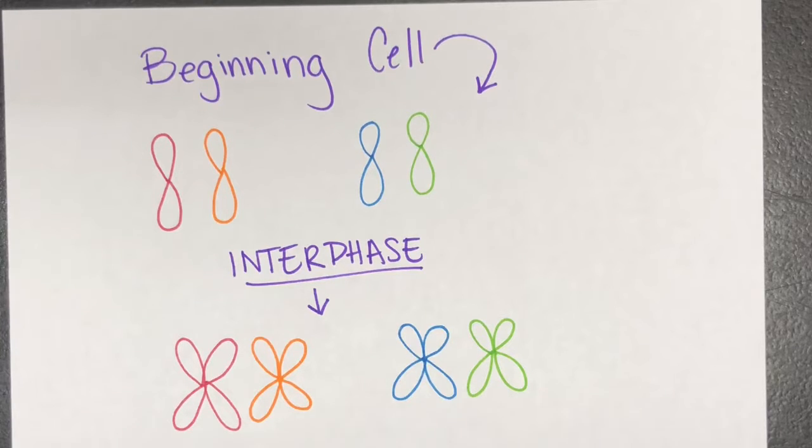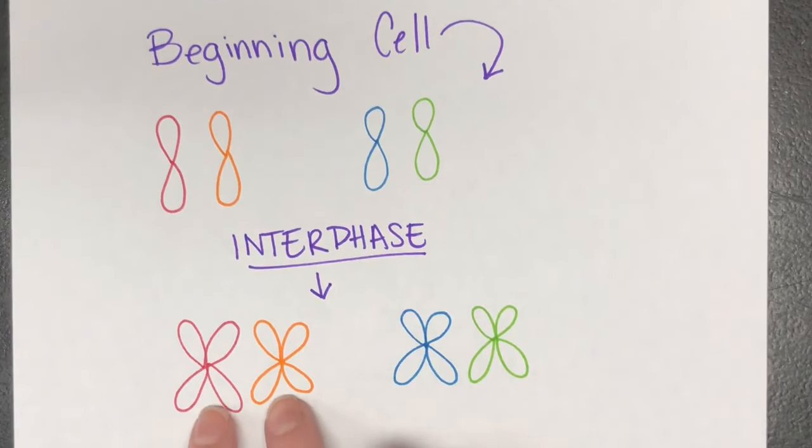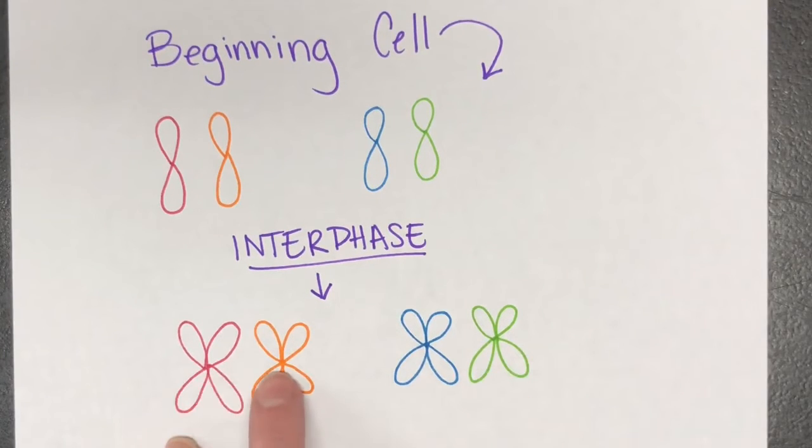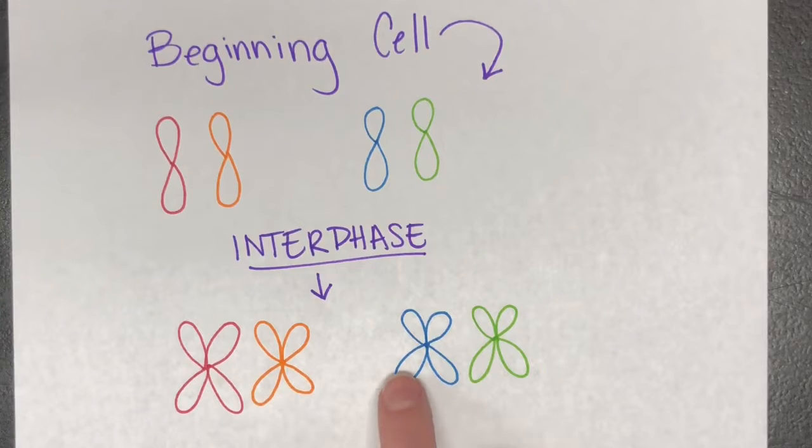We began with 4 chromosomes. After interphase, we have 8 chromatids. Still 4 chromosomes because they're connected right there at the centromere, but 8 chromatids: 1, 2, 3, 4, 5, 6, 7, 8.